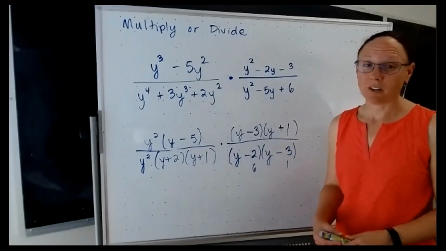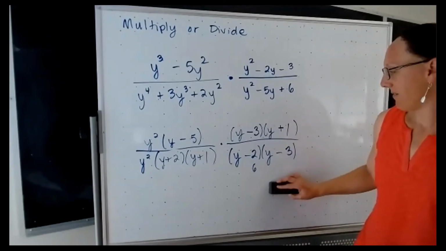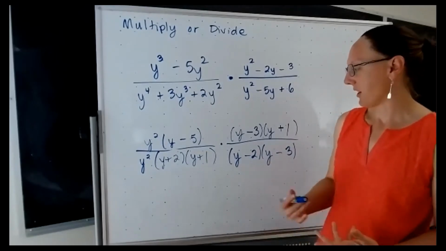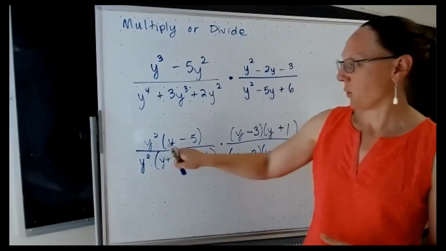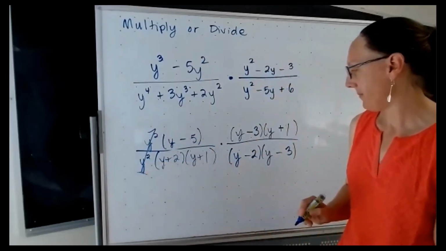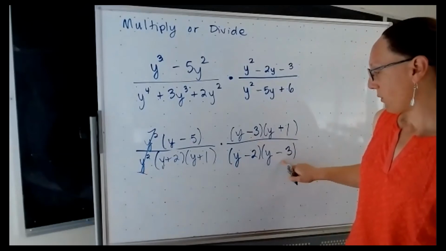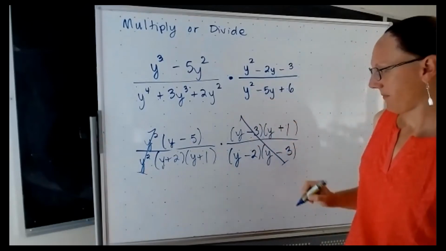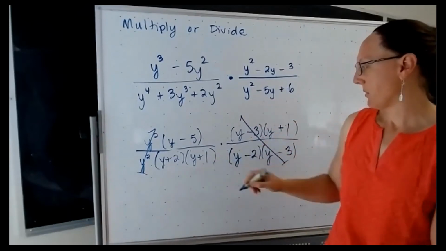Once I've got the factoring part done, then I'm just looking for factors that are going to give me a 1. So y squared over y squared, there's a 1. y minus 3 over y minus 3. y plus 1 over y plus 1.